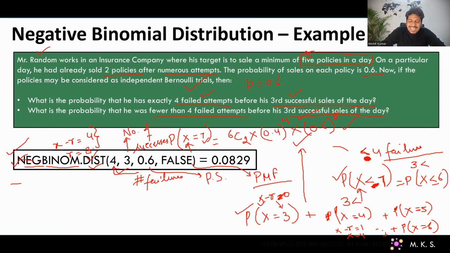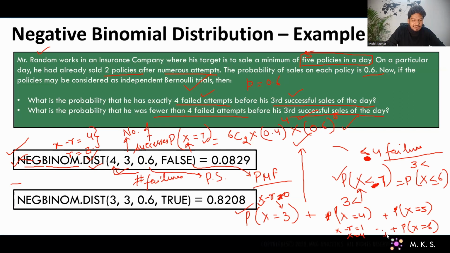Now, if you are doing the same thing in Excel, it's very simple. Use the same formula, except one change in the argument. That's the last argument, guys. So NEGBINOM.DIST. First, as I said, number of failures. Here we have 3 failures, fewer than 4, right? So 3 failures. Number of successes, again 3. 0.6 probability of success.